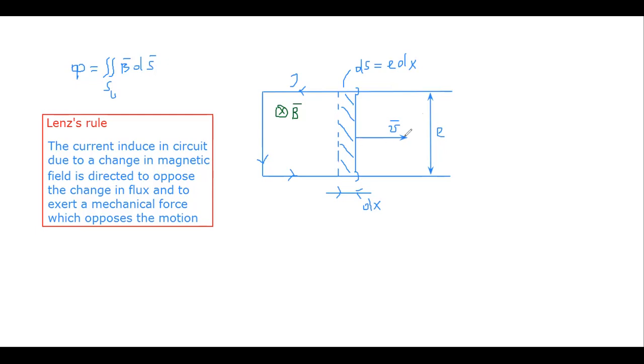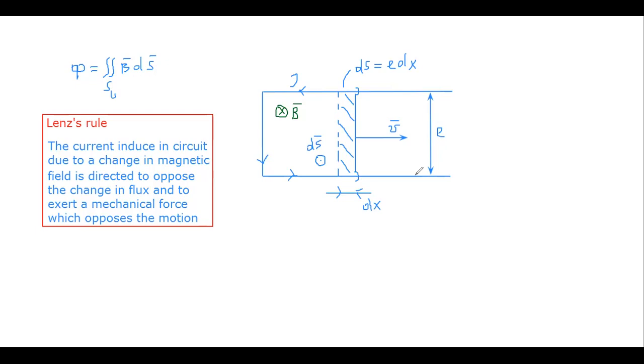According to this rule, if all fingers without the thumb show the direction of induced current, the thumb shows the direction of ds. So ds is here, according to the direction of induced current.